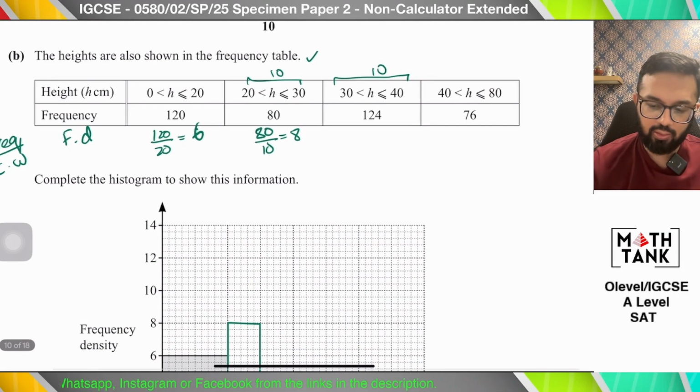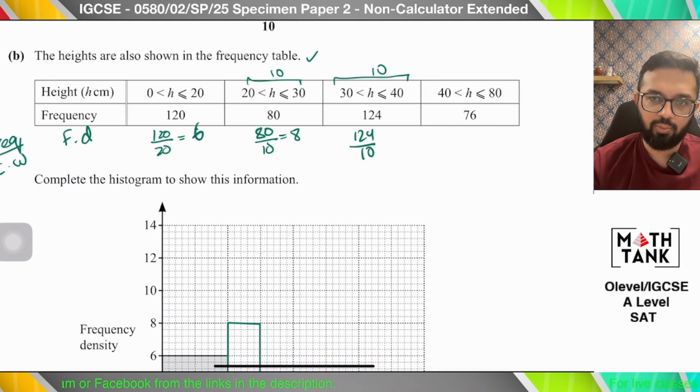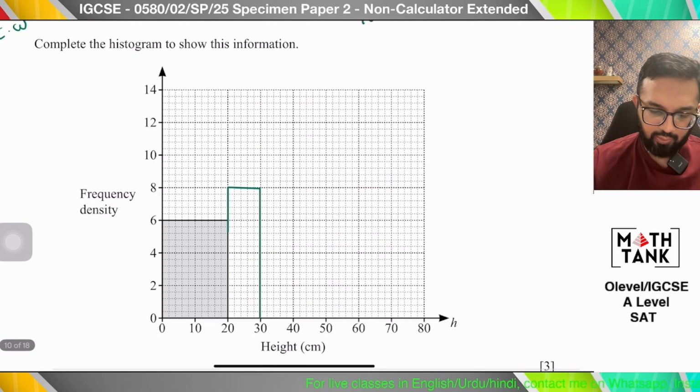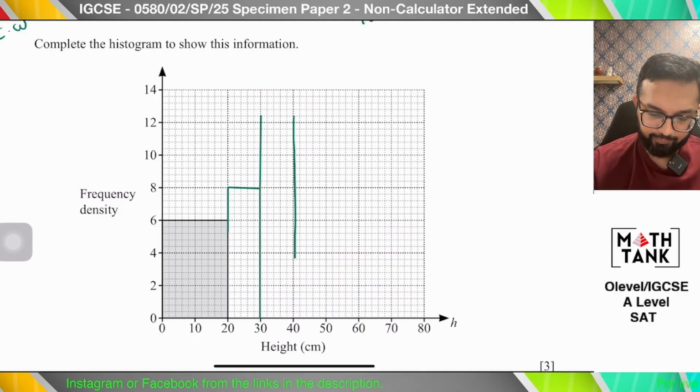Then again, 124 divided by 10 gives me 12.4. That's 12.4.